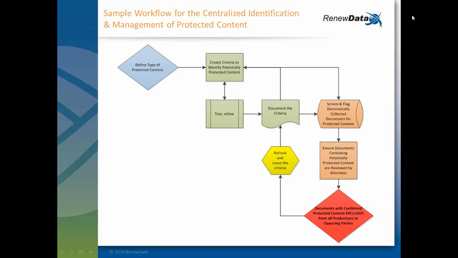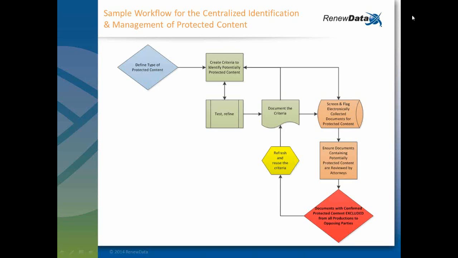Instead of it being ad hoc and relying upon outside counsel, what we're suggesting is that the risk be mitigated by the corporation defining the criteria and instructing its service providers or anyone who processes their documents in the course of e-discovery to proactively run the criteria against every single document collection and flag those documents.